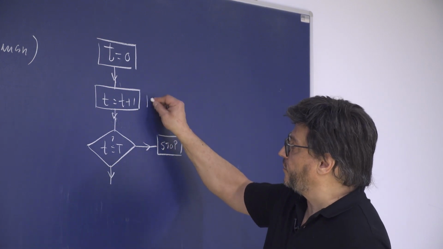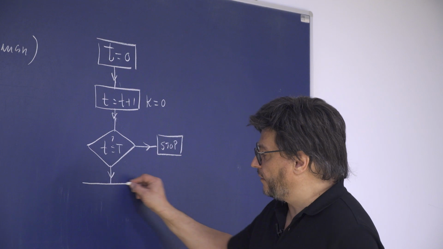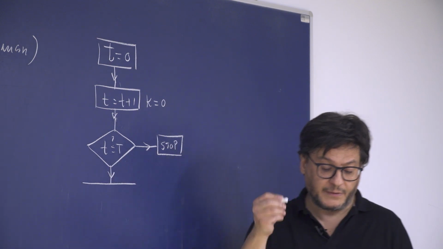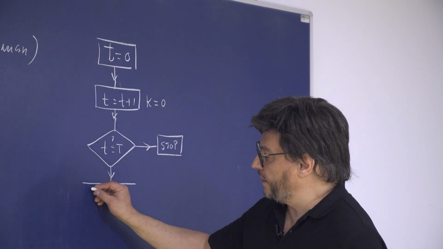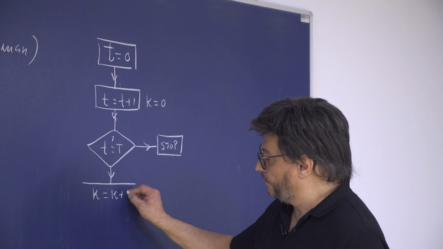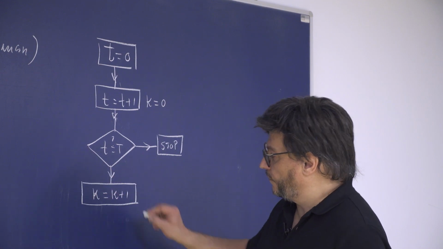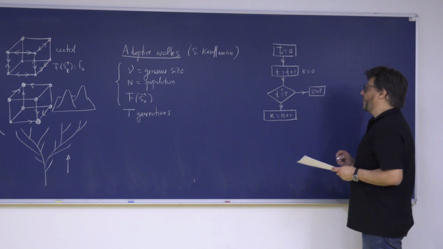I forgot, I also have to set k equals 0. I have to look at every single element in my system. So I take k. This is my counter to see which agent or digital genome I have to choose.